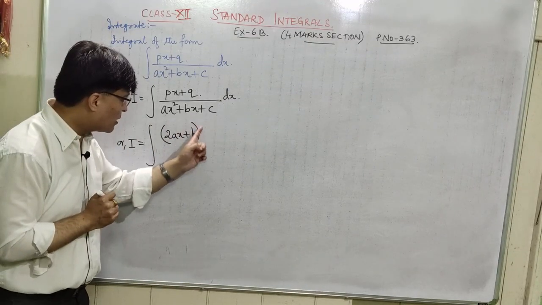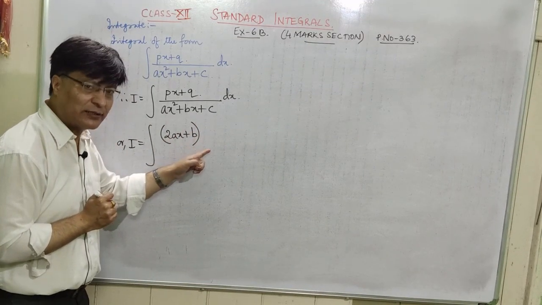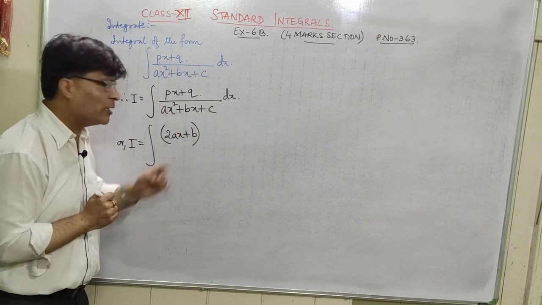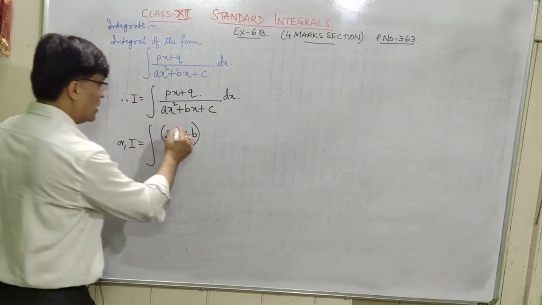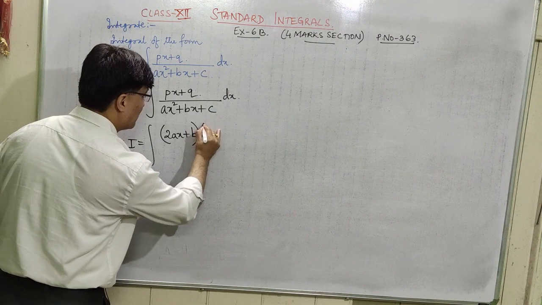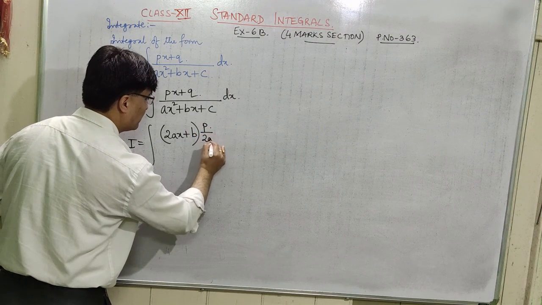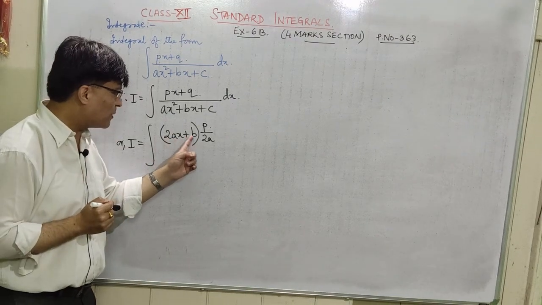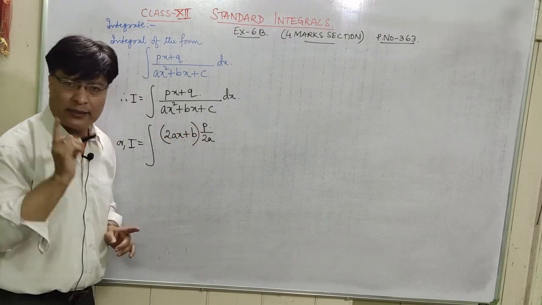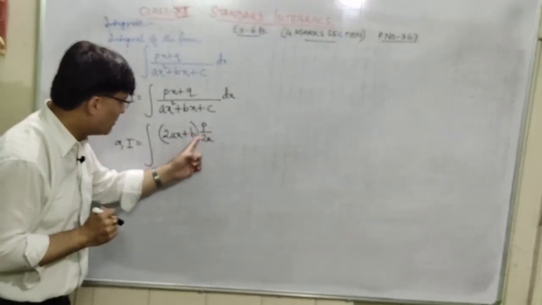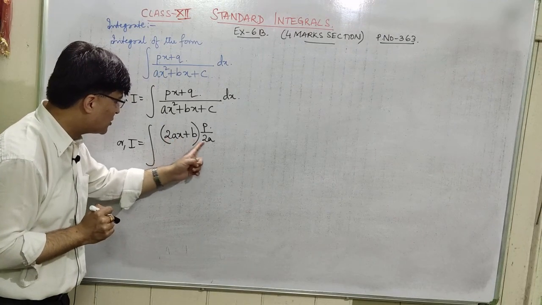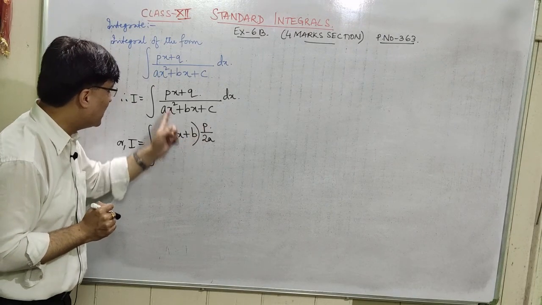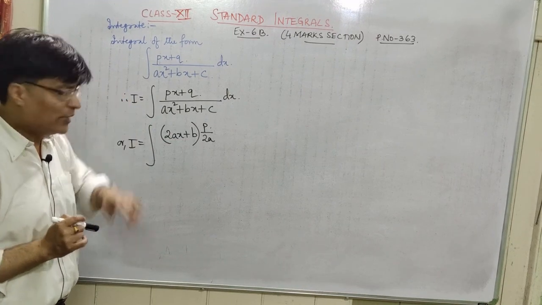If it is multiplied by 1 upon 2a, 2a will be cancelled. You will get only x, and it should be multiplied by p. That means this expression is multiplied by p by 2a. If you multiply the expression 2ax plus b by p by 2a, what is the product? p by 2a into 2ax, 2a will be cancelled, you will get px. So that is correct.